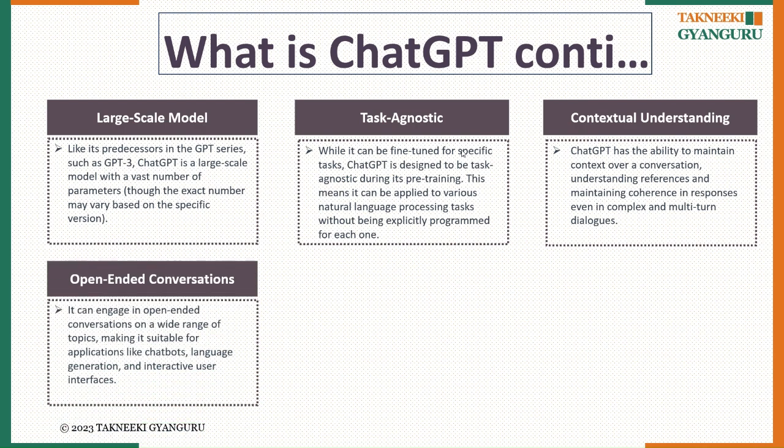Next, open-ended conversation. So that means it can do open-ended conversation in different topics, like it has the chatbot, right? And the chatbot can discuss with you in different topics, as we said, right?